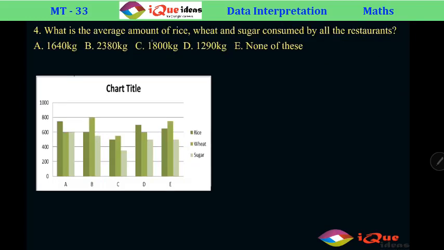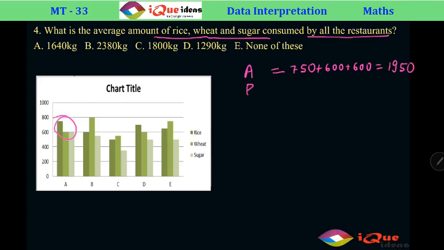Now this one says the average amount of rice, wheat and sugar consumed by all the restaurants. So here you can't do much. You have to add all of them, right? So for example, for A, the entire sum will be 750 plus 600 plus 600. Add it carefully. It comes out to be 1950. Similarly for B, it will be 600 plus 800 plus 550, right?